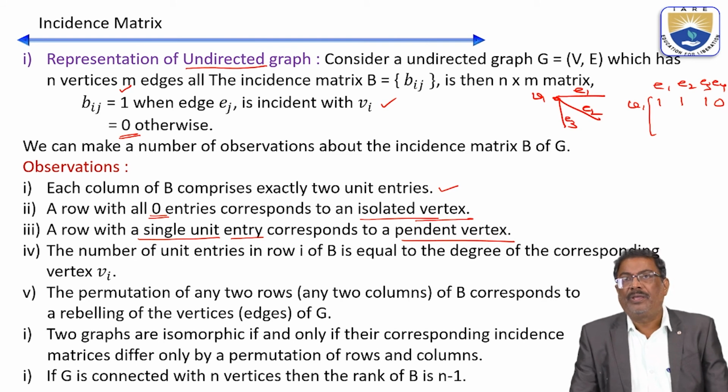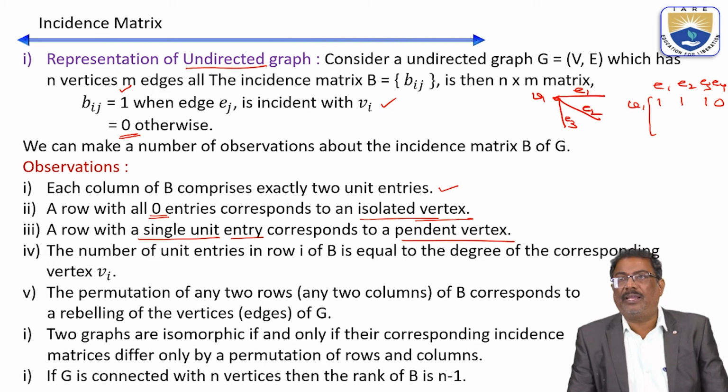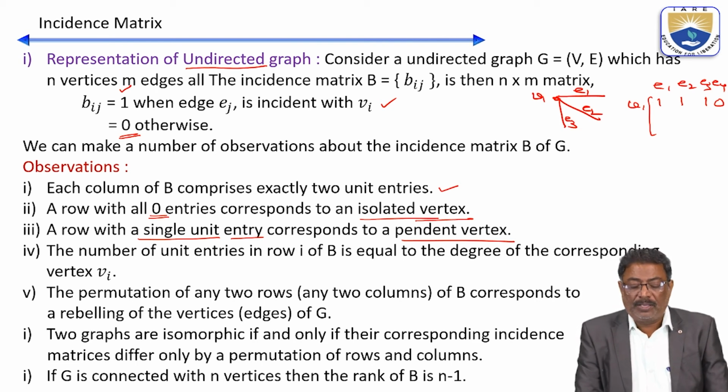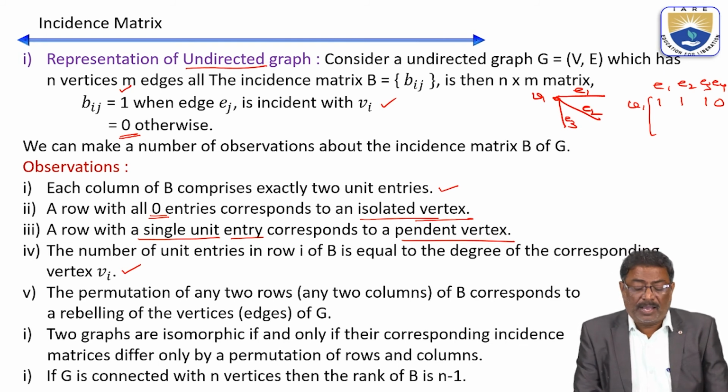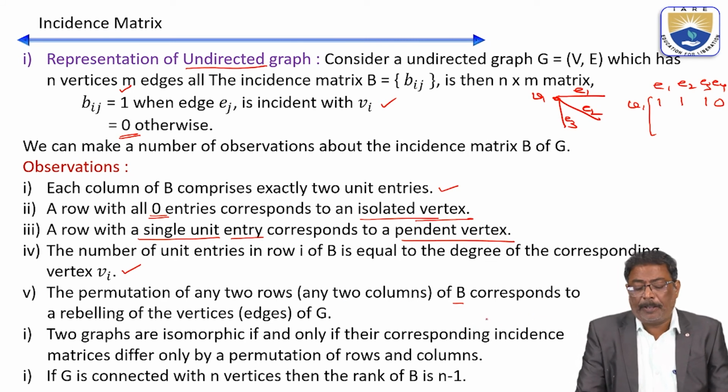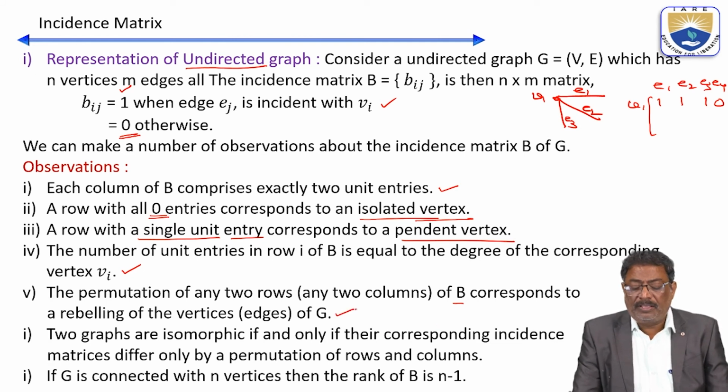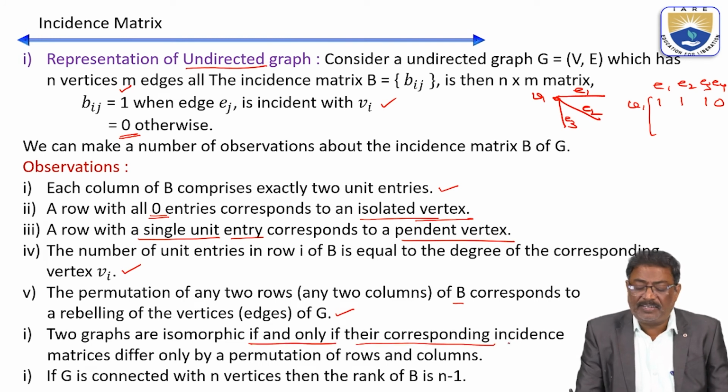Then the number of unit entries in row i of B is equal to the degree of the vertex Vi, and a permutation of any two rows of B corresponds to relabelling of vertices of G. Two graphs are isomorphic if and only if their corresponding incidence matrices differ only by permutations of rows and columns.